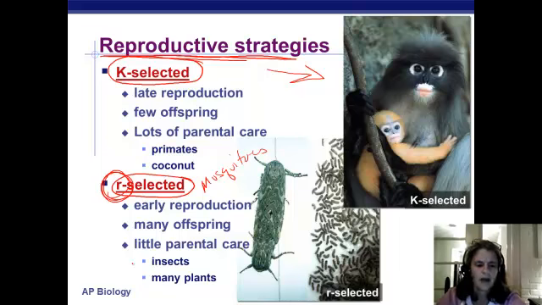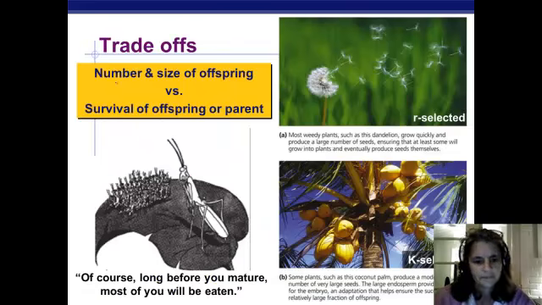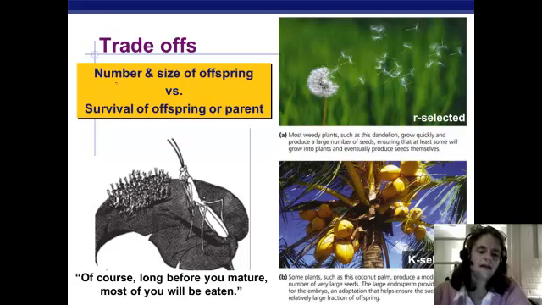These are really opportunistic organisms that have to reproduce at the drop of a hat whenever the conditions are right, whereas these organisms are going to be into life for the long haul, so to speak. All right.